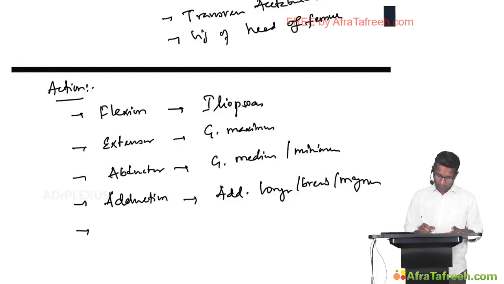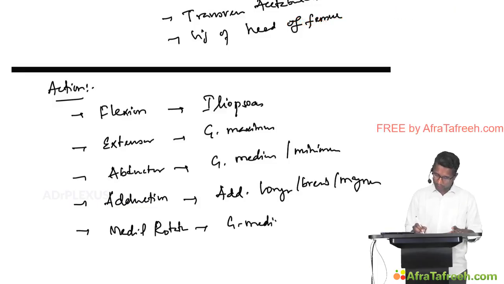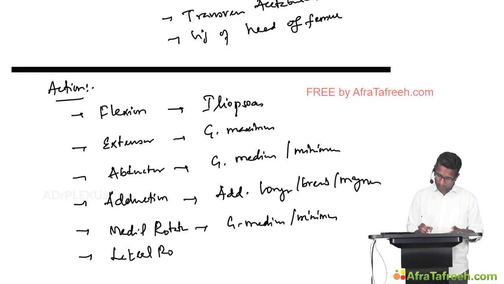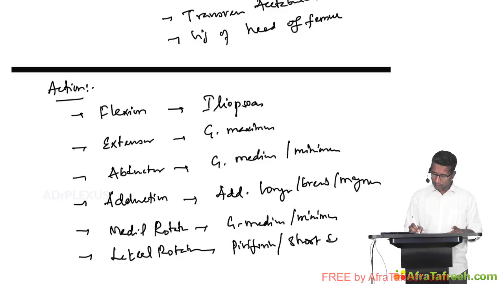The medial rotators are the gluteus medius and minimus again, which cause the medial rotation of the hip joint. The lateral rotators of the hip joint are mainly the piriformis, and the short external rotators, that is the gemellus and the quadratus femoris muscle.